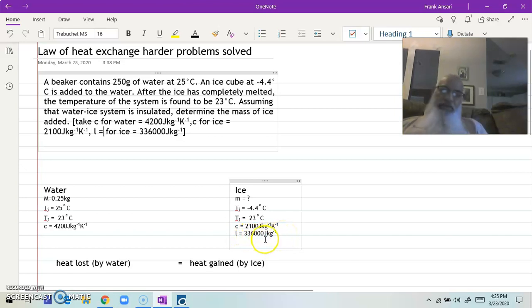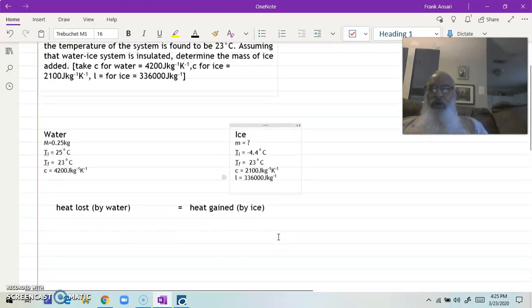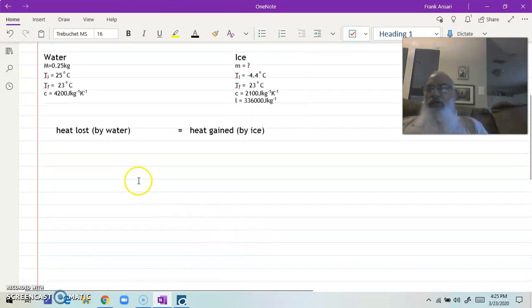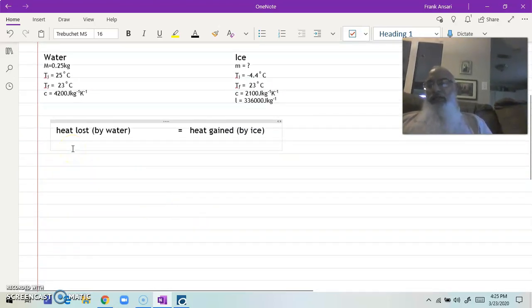Okay, and notice that in this there is no mention of temperature. So this event happens at constant temperature. Alright, moving right along here. So we have the law of heat exchange.